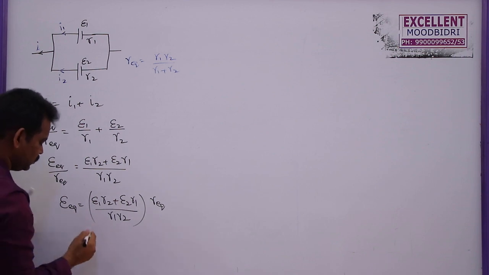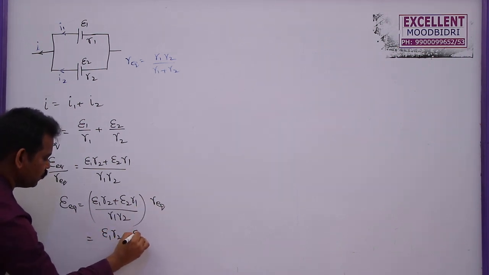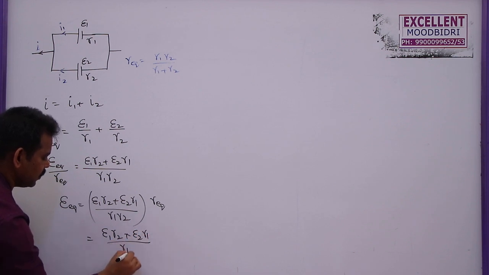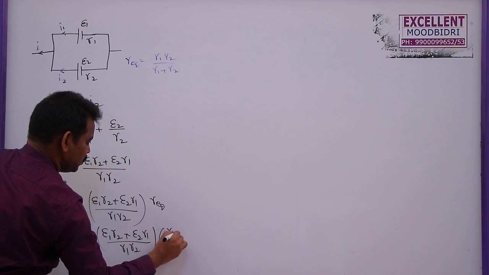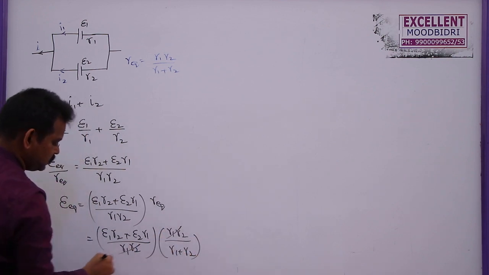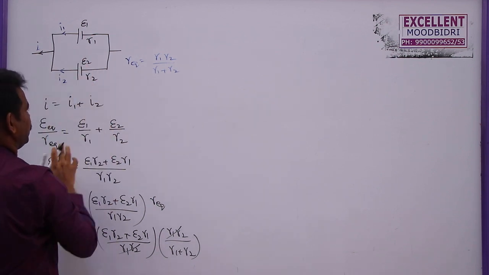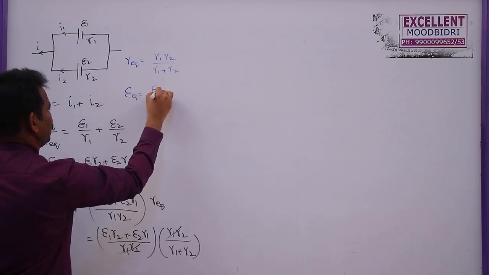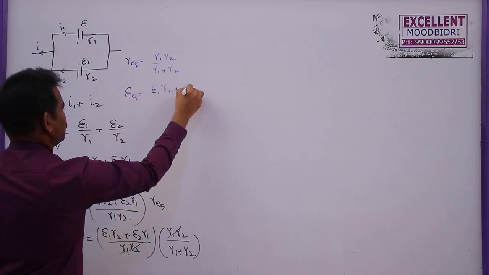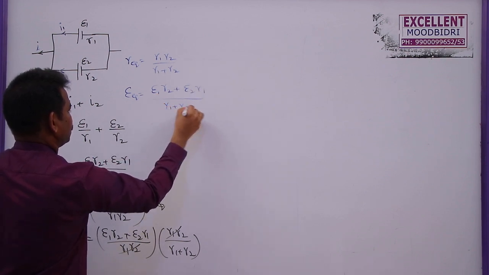Now in place of R equivalent, let me substitute this. This is E1 R2 plus E2 R1 by R1 R2, into R1 R2 by R1 plus R2. This and this get cancelled. So the effective EMF of this combination, E equivalent, is E1 R2 plus E2 R1 by R1 plus R2.